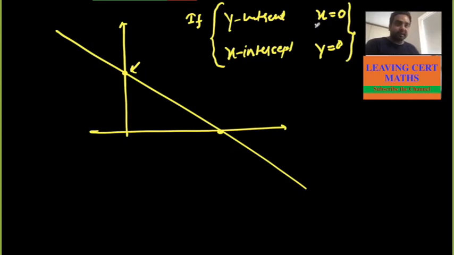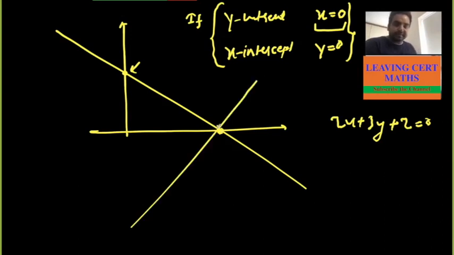Let's say a general question: the equation of the line is 2x plus 3y plus 2 equal to 0. Now they are saying that it has an x intercept, find the coordinates of that. So x intercept means this line is cutting the x axis somewhere here, which means I will put y equal to 0.